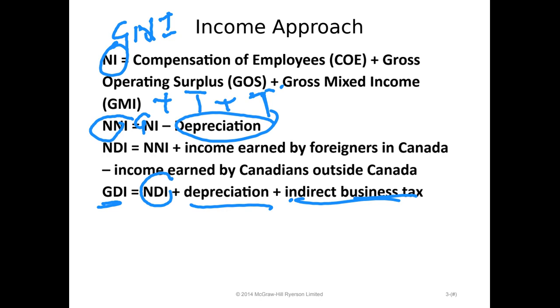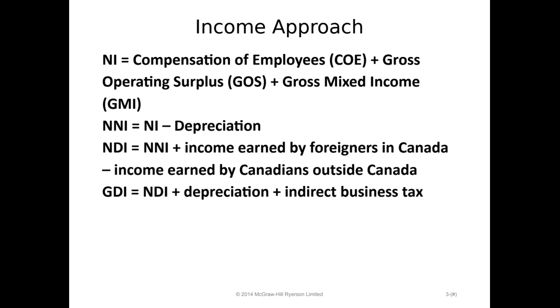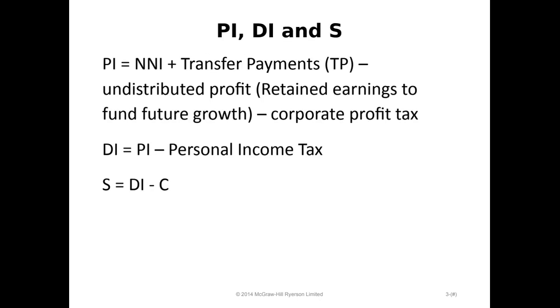So this is the net national income. That is the income of all Canadians. Doesn't matter where they are working. And net means we have already subtracted depreciation. If we want to find out what is personal income, then we add transfer payments.